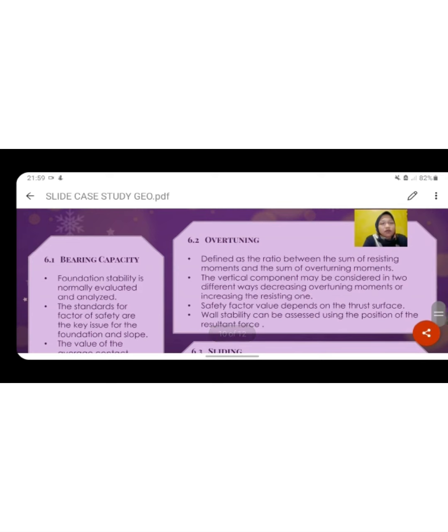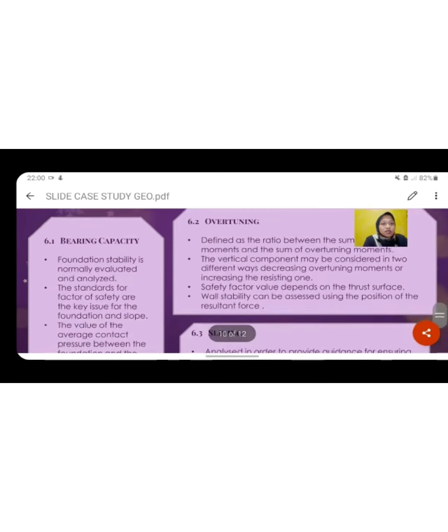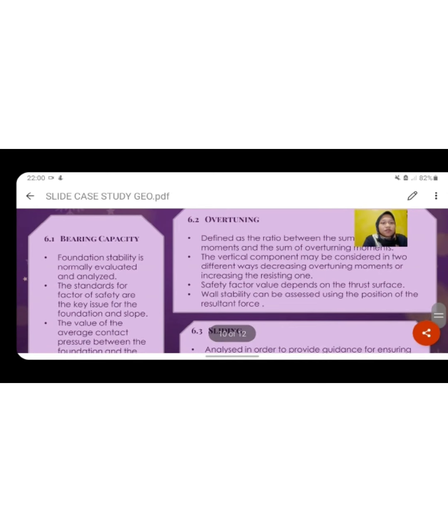Overturning. Overturning is defined as the ratio between the sum of resisting moments and the sum of overturning moments. The vertical component may be considered in 2 different ways, decreasing overturning moments or increasing the resisting one. Safety factor value depends on the truss surface.